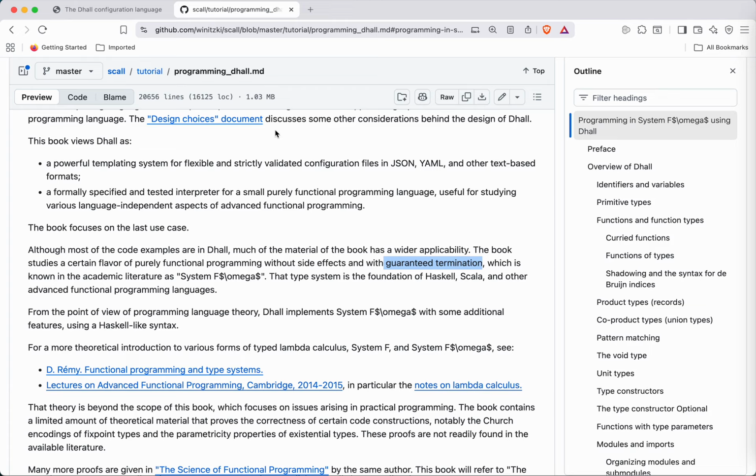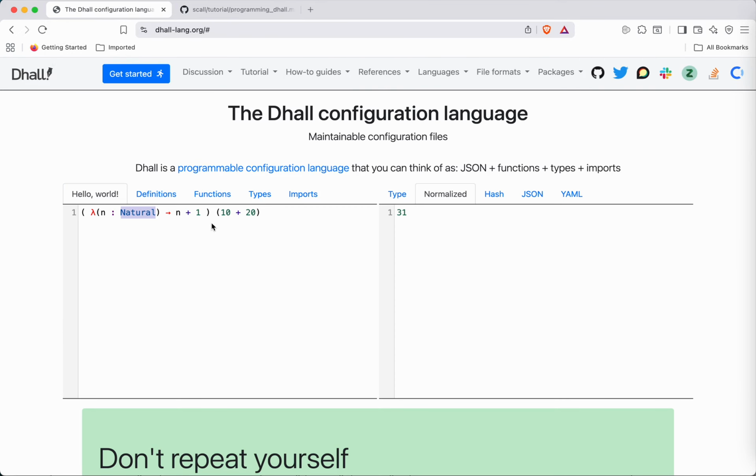The guaranteed termination comes from the fact that there is no recursion. Pure lambda calculus does not have recursion, and in untyped lambda calculus you could implement something called the Y combinator and other recursion combinators, which you cannot implement in typed lambda calculus.